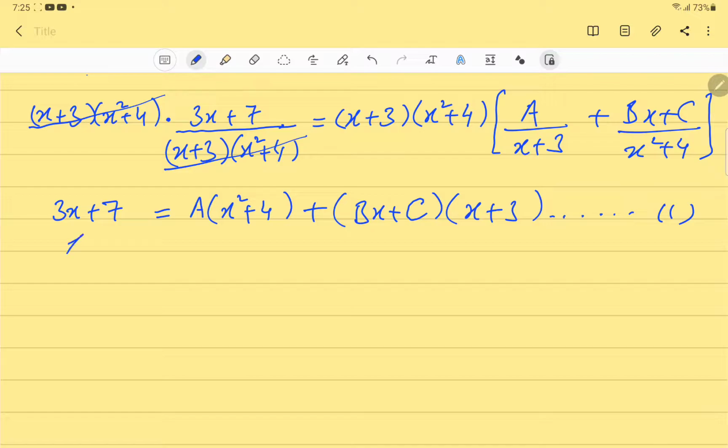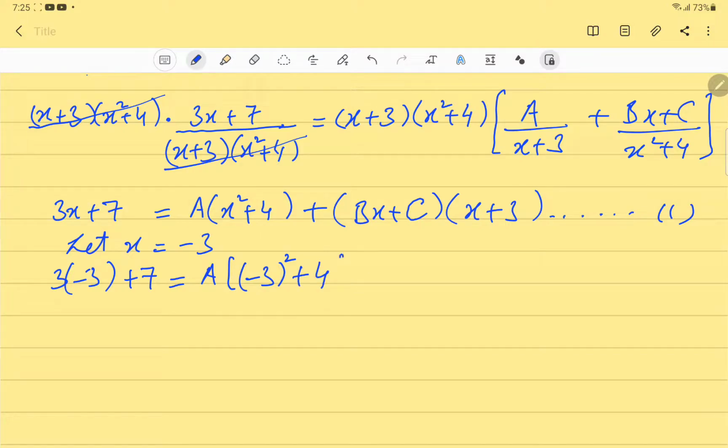First of all, we assume x equal to -3. So the equation becomes 3(-3) + 7 = A((-3)² + 4) + (B(-3) + C)(-3 + 3).